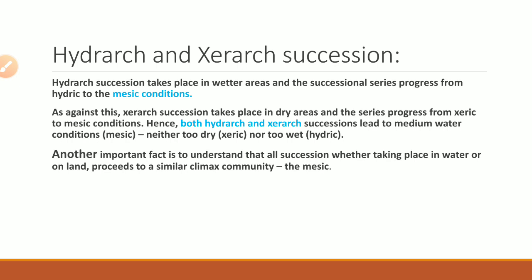Any kind of succession always leads to mesic conditions. What are mesic conditions? Conditions where there is neither a wet area nor a dry area. So this is a kind of medium water condition.